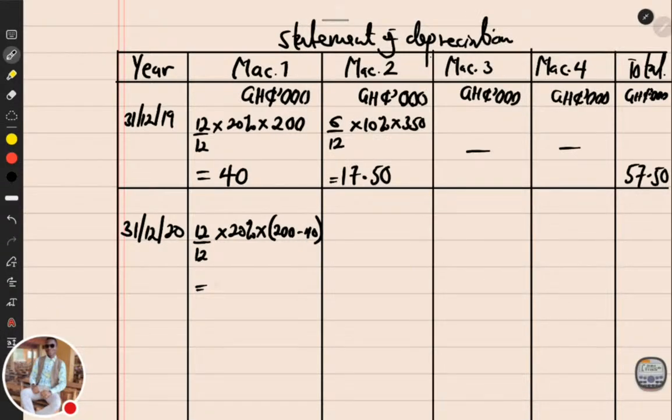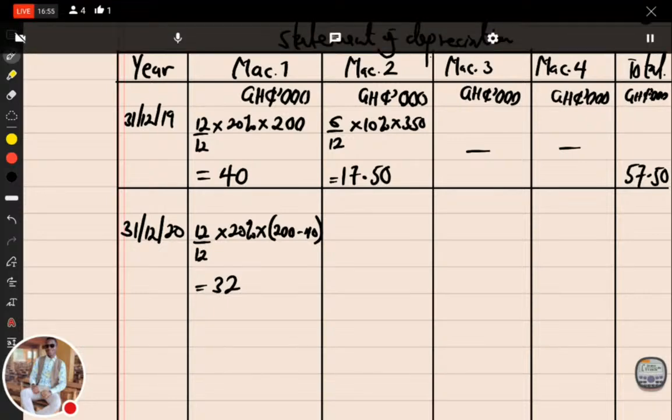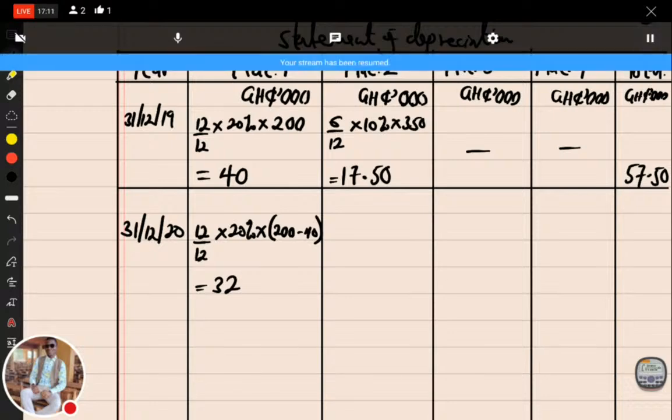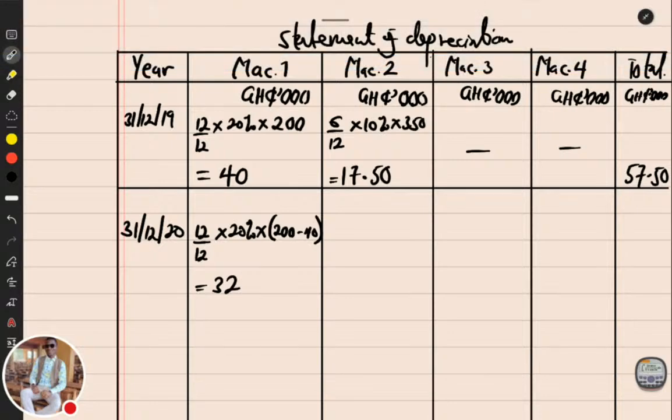So that gives us 32 as the depreciation for machine 1 in the year 2020. So that's the depreciation for machine 1 in the year 2020.